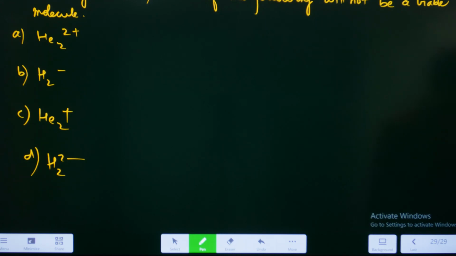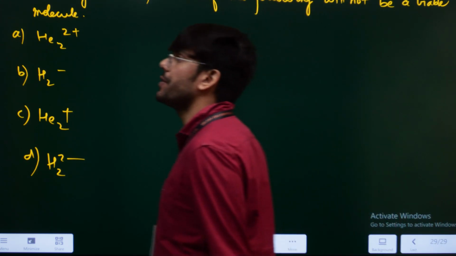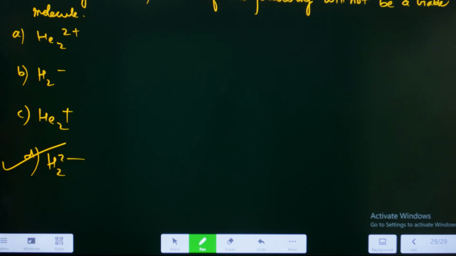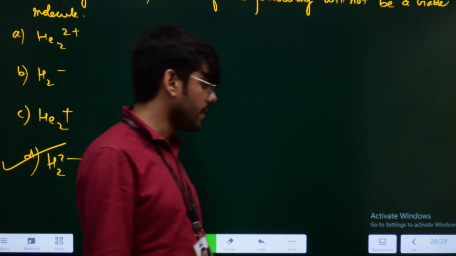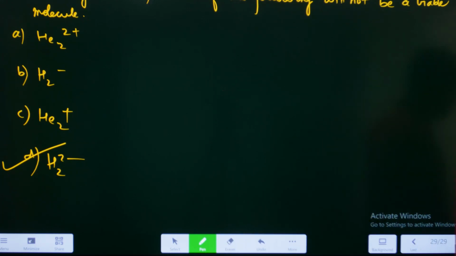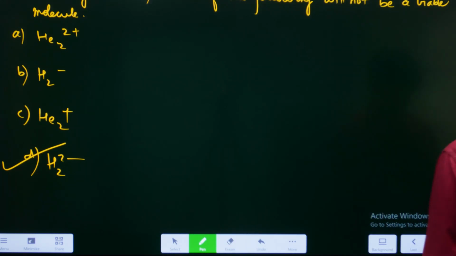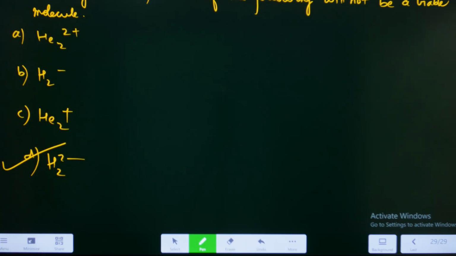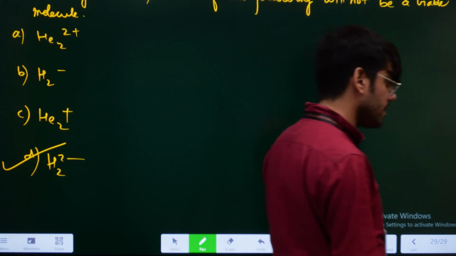The fourth option, where your bond order is coming out to be zero. Is it the fourth option? Tell me. What about others? Yes, tell me. Fourth option.